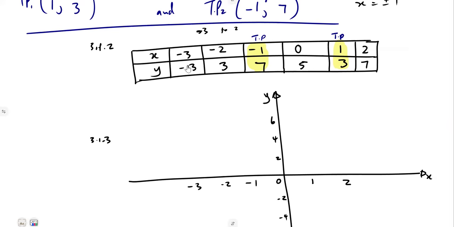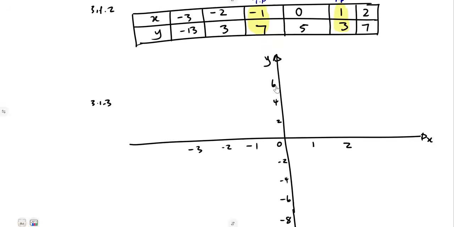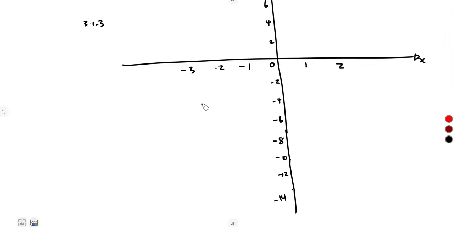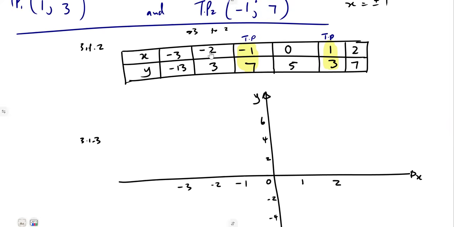So negative 3 versus negative 13. Negative 3 and negative 13 will be somewhere there. So you mark a point in between that. All right. Then minus 2 versus positive 3, somewhere there. So it is going to be here.